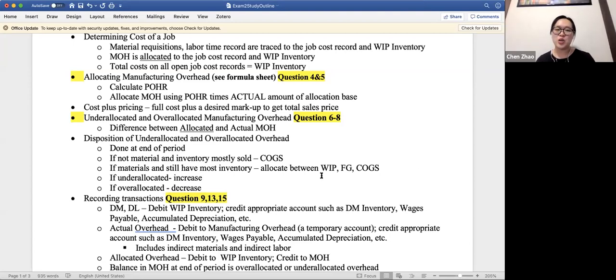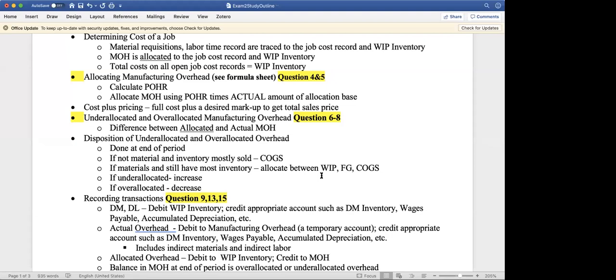The question is, what does it mean by saying over allocating, and what do we do if we are over allocating? Over allocating will be your allocation being over what is allowed for MOH on a particular job or process, and in order to correct, you subtract it from cost of goods sold.